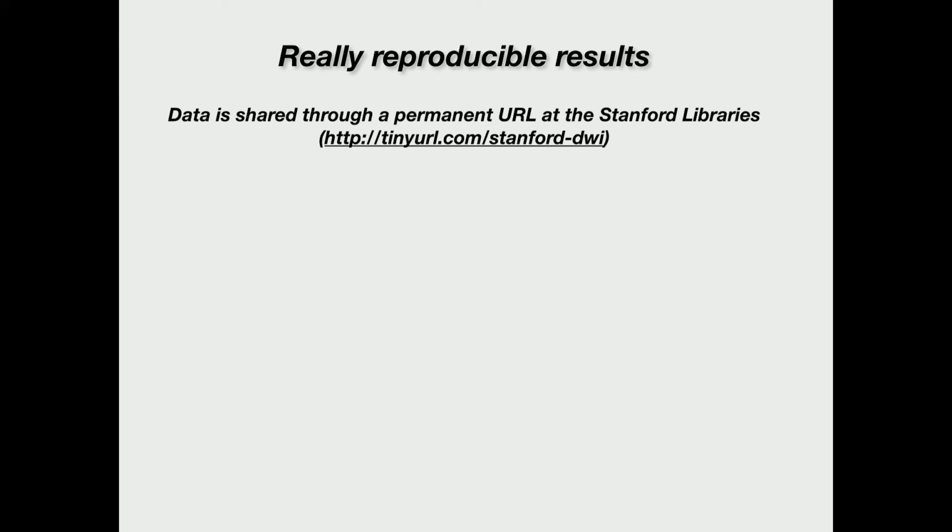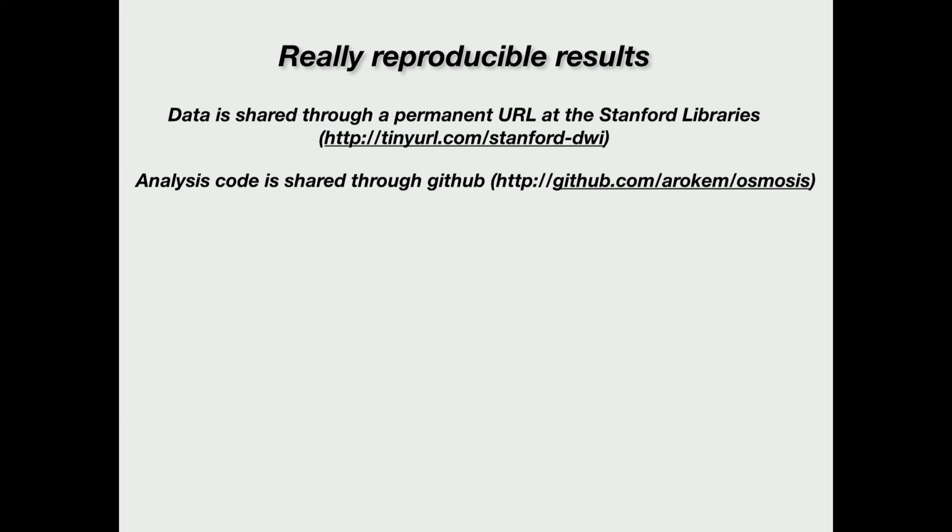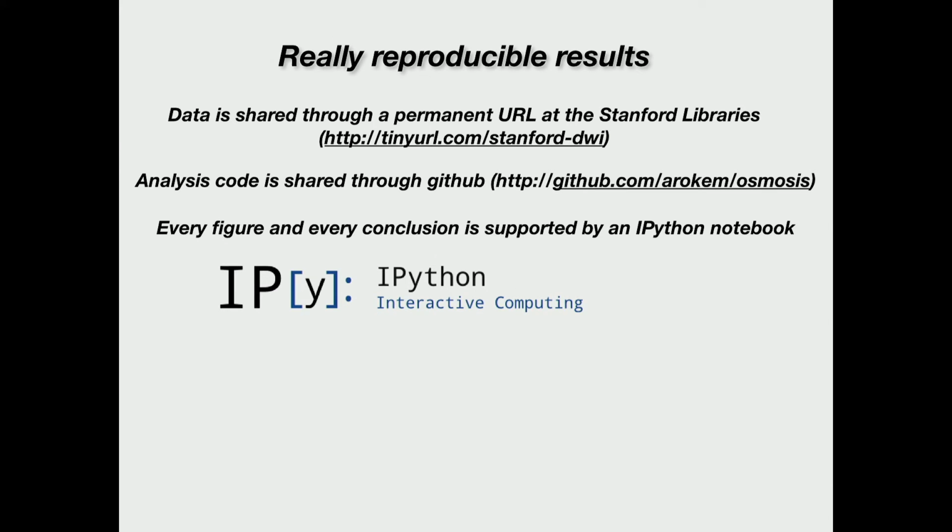In the articles that we wrote based on these evaluations, what we try to do is, first of all, make the data available, sharing it through the Stanford library, and then show the analysis code itself on GitHub. And in at least one of these papers, every figure and every conclusion is supported by an individual IPython notebook.